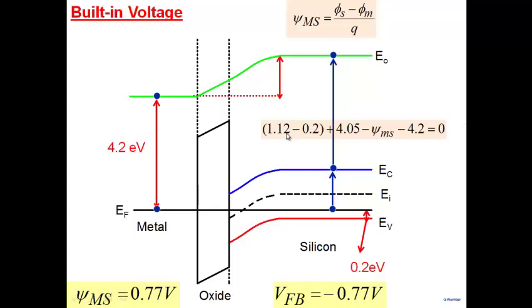And this is what we had done here. This particular part, from here to here, is the energy gap minus the 0.02 gap here, plus 4.05 electron affinity of silicon, minus psi ms, which is this point here, and minus 4.2, the work function of the metal. We equate that to 0, and we get the built-in voltage psi ms, which we found as 0.77 volts.